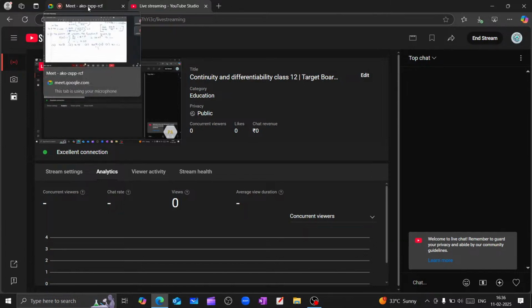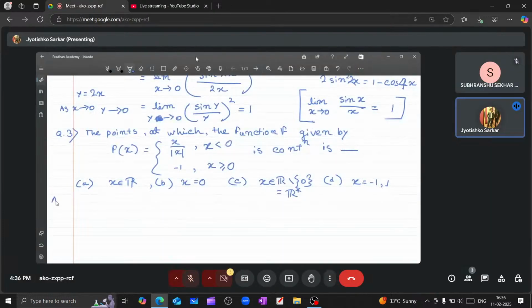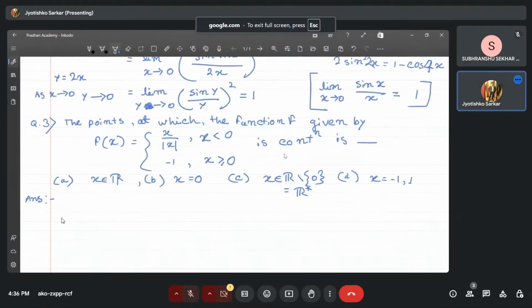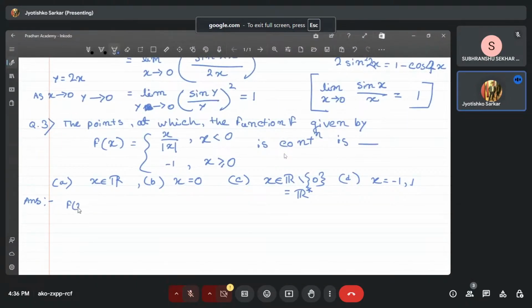Now, we will solve this question, but before that, let's discuss about mod function. Say f(x) equals to mod x. This is our modulus function. What are the properties of this function?